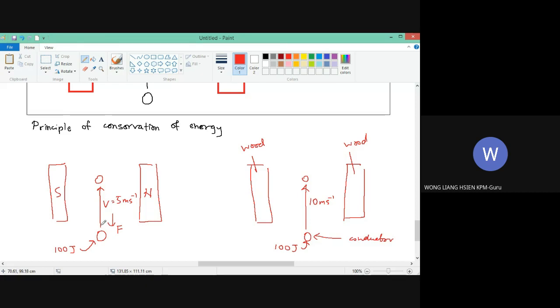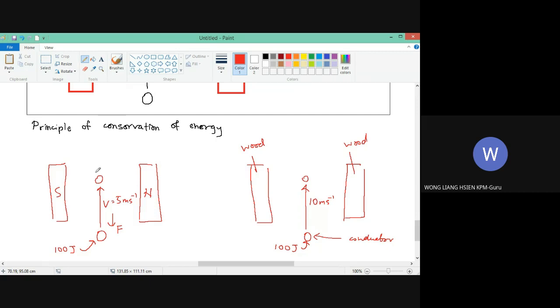There's an opposing force, so that opposing force makes the velocity slower. In other words, it is more difficult to push the conductor through the magnetic flux compared to this one, passing through the wood.